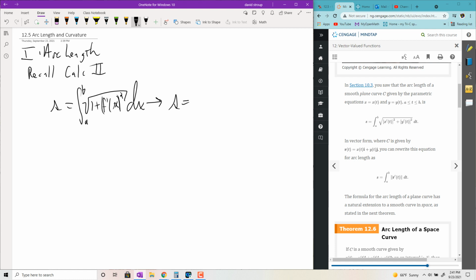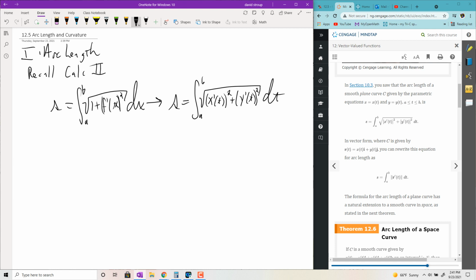So we had parametric equations, and then we were able to define the derivative and do a substitution into this formula, and we ended up with the integral from a to b of the square root of the components' derivatives squared. Do some substitutions and a bit of arithmetic, and you end up with this formula.